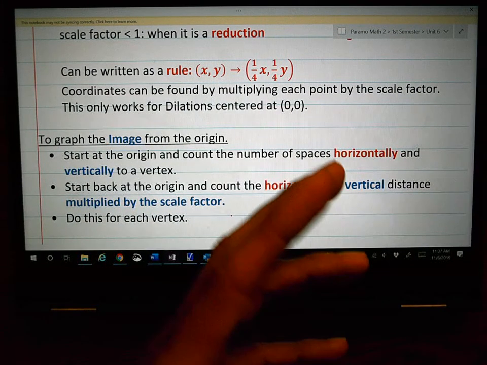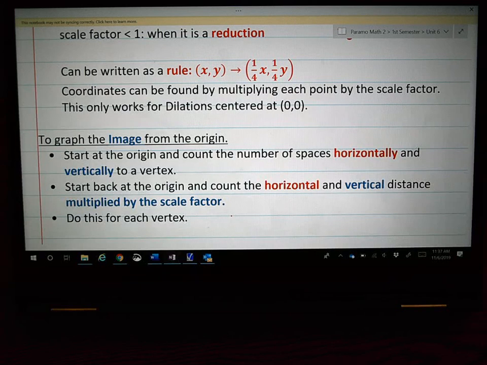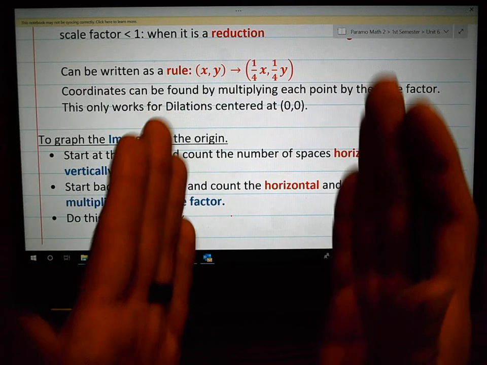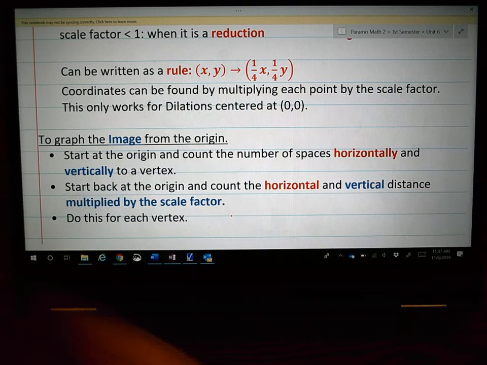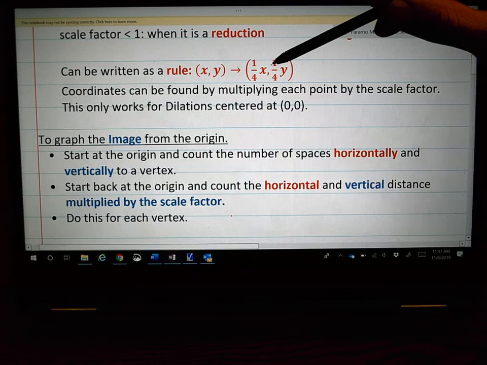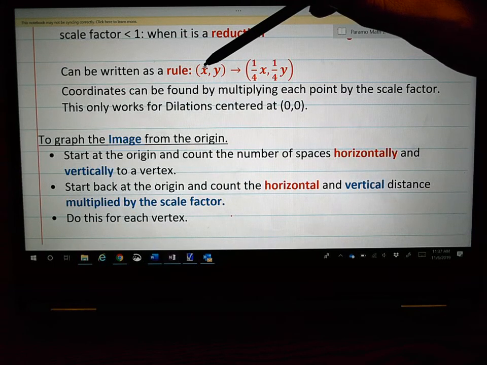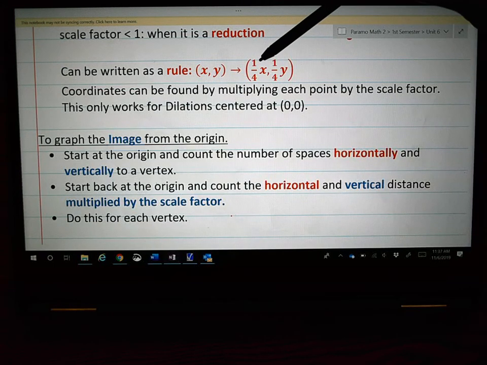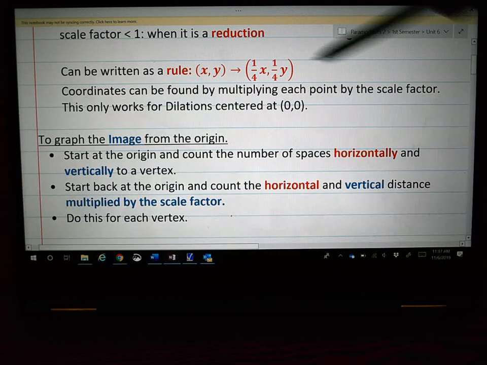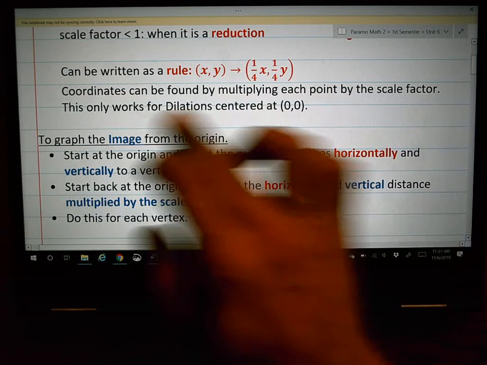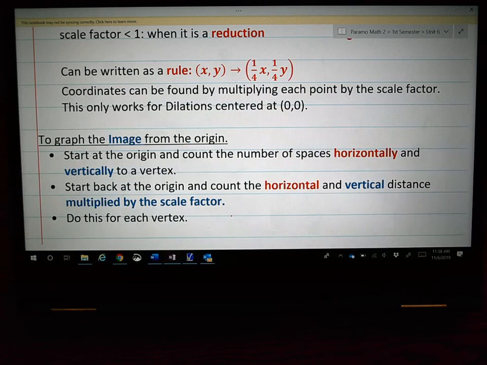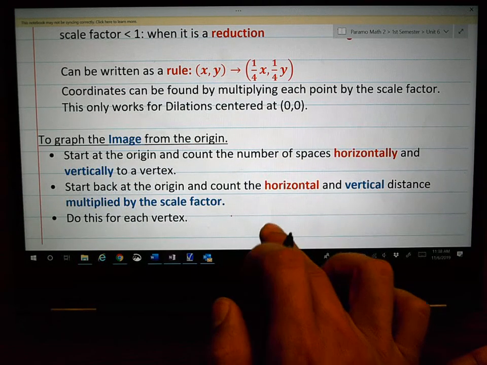It means that instead of making it 4 times as big, you're making it 1/4 of the size. It makes it a reduction. It's smaller. And this is mathematically how you write it. Your X's and your Y's, this is 1/4 of your horizontal distance and 1/4 of the vertical distance. It makes it similar, proportional, by the way. And this only works for dilation centered at 0, 0. I need to say that for the record.